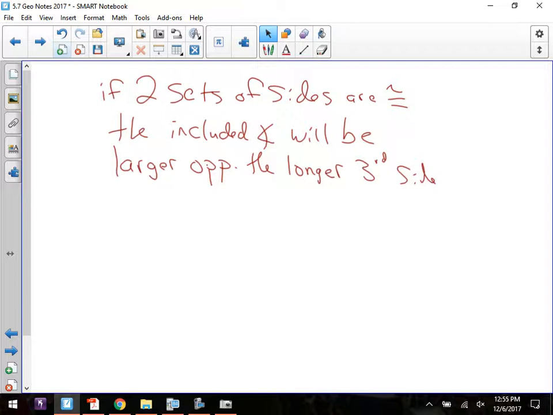It's saying the exact same thing in reverse. The larger angle has the longest side opposite it. That's really all this is getting at.